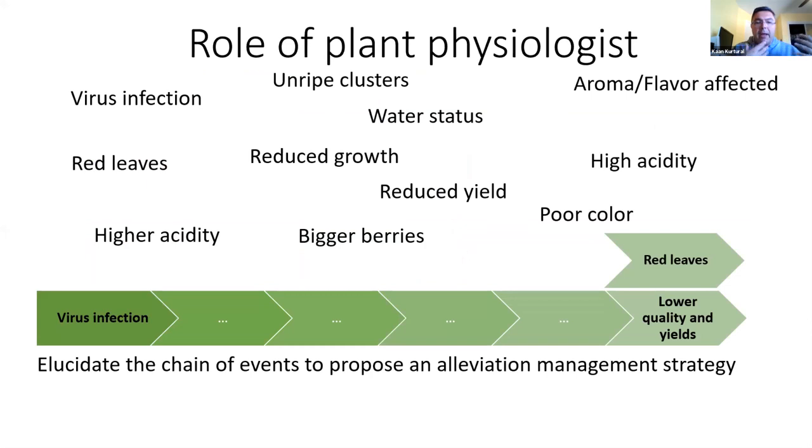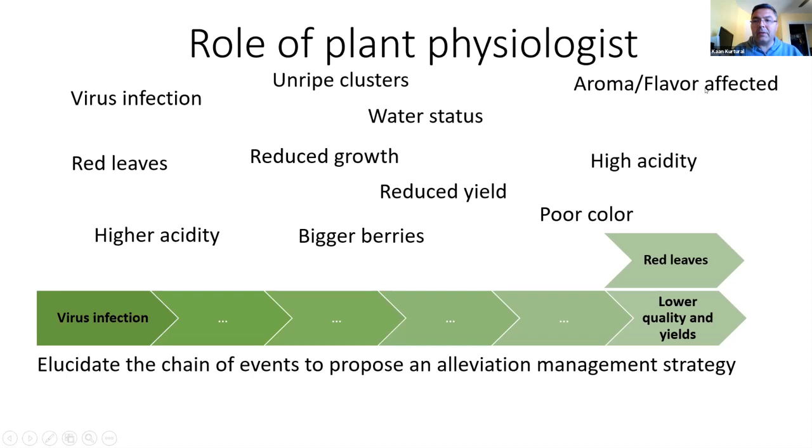So we end up with lower yields and quality and red leaves, but this starts with a virus infection. With virus infection, we get the red leaves, higher acidity, reduced growth, and some kind of better water status in these plants, with larger berries that end up somewhat unripe, with poor color and a high acidity.